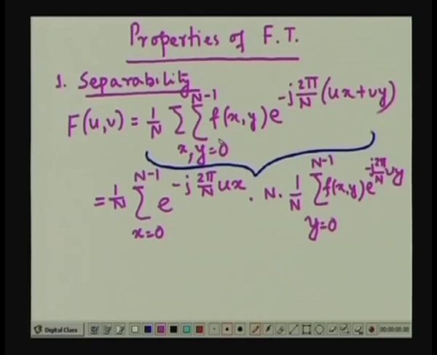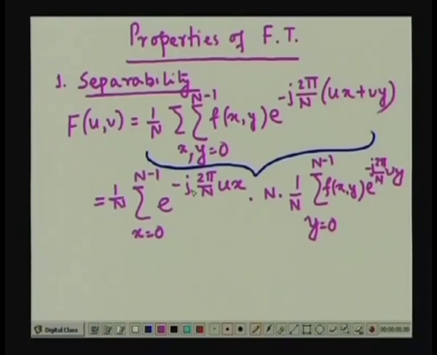So, it is the same Fourier transformation expression, but now we have separated the variables x and y into two different summation operations. The first summation operation involves the variable x, and the second summation operation involves the variable y. Now, look at the function f(x,y) for which we are trying to find the Fourier transformation.